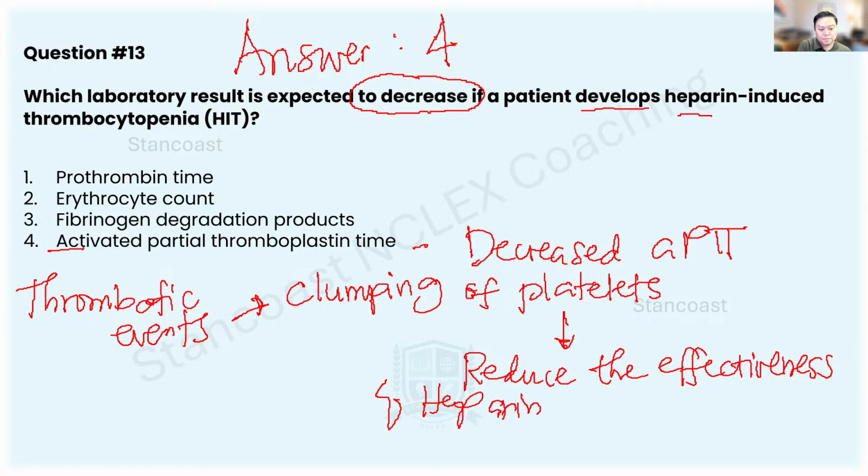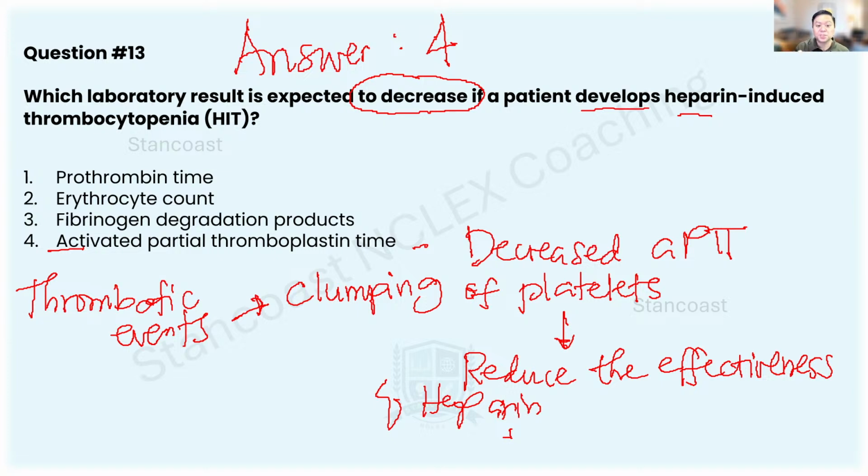That alone, guys, can make the anticoagulation very difficult, okay? And so the result here, because the platelets are clumping all together, the heparin will no longer be able to prevent the clot formation. This will now really require higher doses, but it doesn't mean that higher doses can treat it.